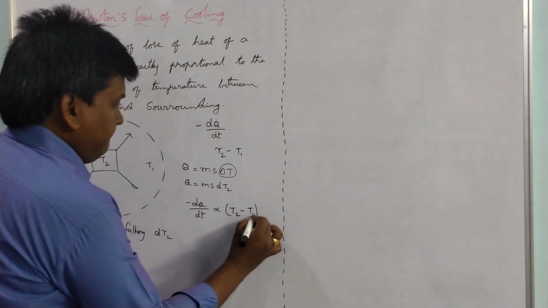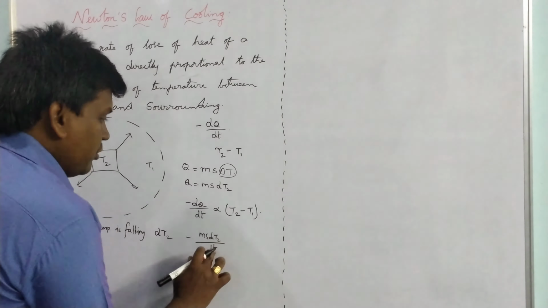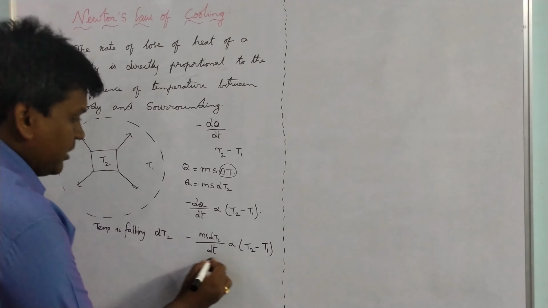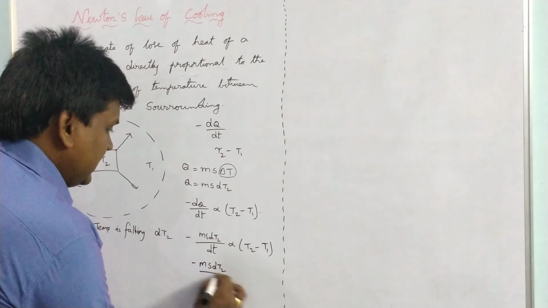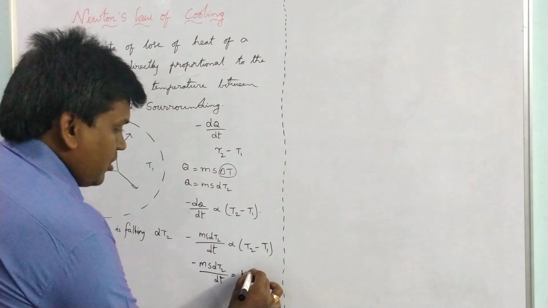So this can be written as minus m s dT2 by dt is directly proportional to T2 minus T1. And to make it equal, we can write m s dT2 by dt is equal to minus k into T2 minus T1. Here k is the constant.